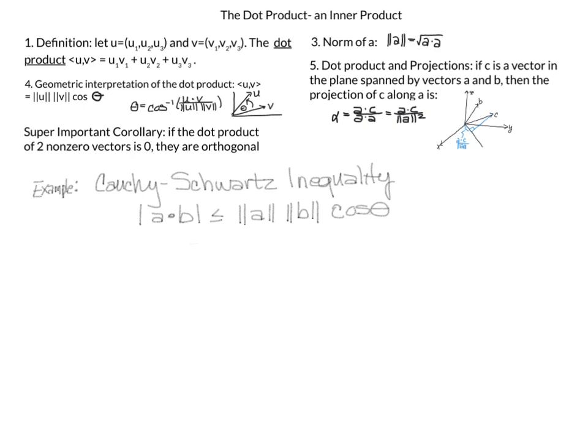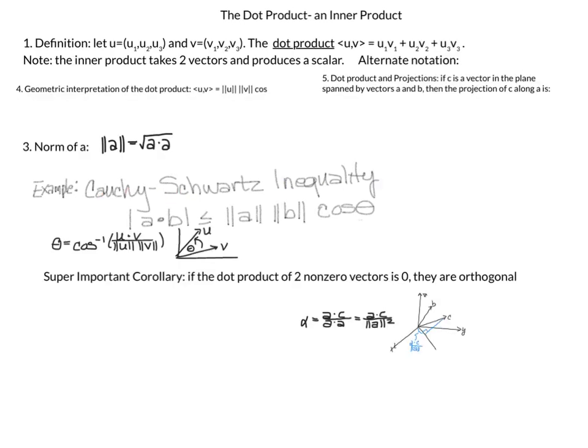The first thing we get is the Cauchy-Schwarz inequality that says the magnitude of A dot B, and again remember this dot product produces a scalar, is going to be less than or equal to the magnitude of A, magnitude of B, cosine of theta.